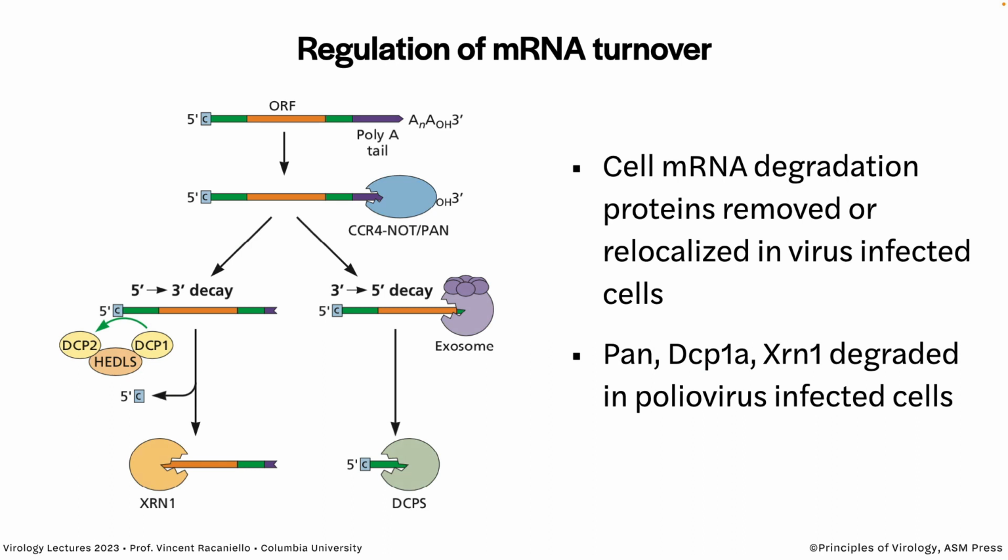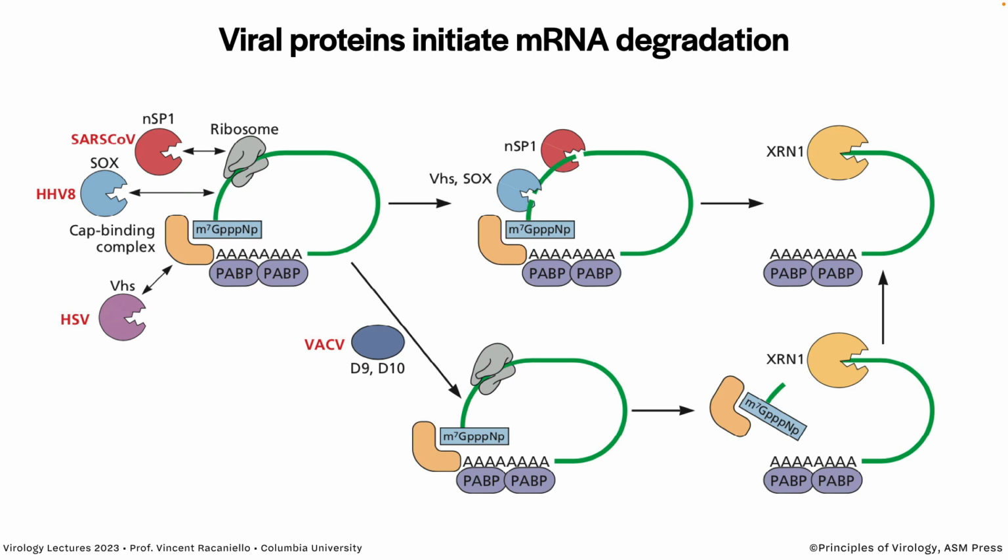Okay, so this is one example. There are many examples of viral proteins that can antagonize these enzymes involved in mRNA turnover. Here are some examples, though, of going even further, where viruses take that degradation machinery and activate it so it degrades cellular mRNAs.